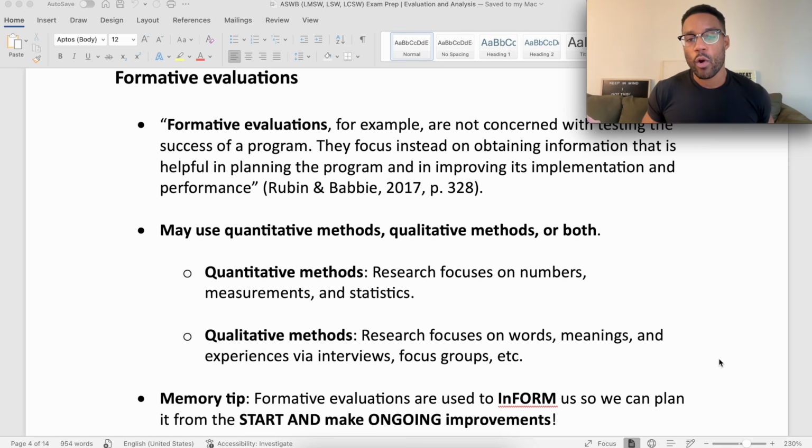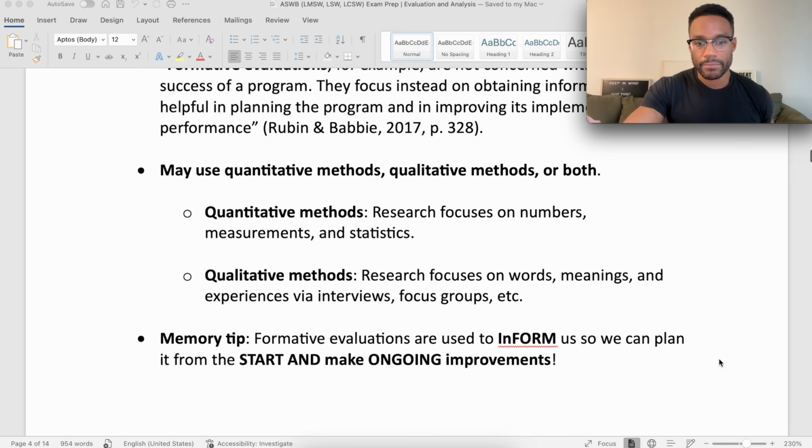So again, quant is numbers. Quantitative methods, research focuses on numbers, measurements, and statistics. Quality comes from talking. Qualitative methods, research focuses on words, meanings, and experiences via interviews, focus groups, etc.